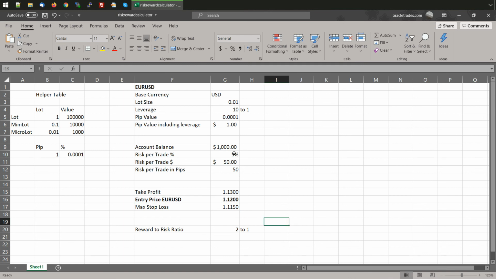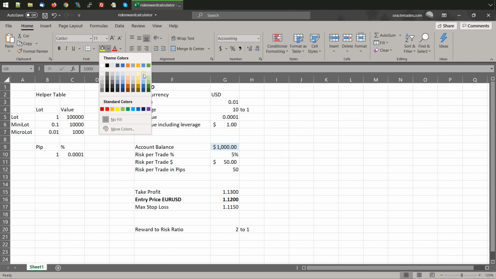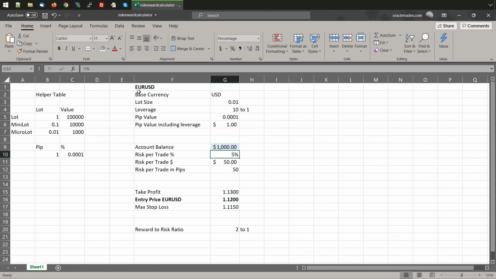So that's really it. And let's just assume we want to color the input cells. Our account balance and our desired risk per trade are the two basic fundamentals that you need. Then you want to obviously have your entry price that is fluctuating, and you want to update this whenever you enter a trade. And of course, your reward to risk ratio.